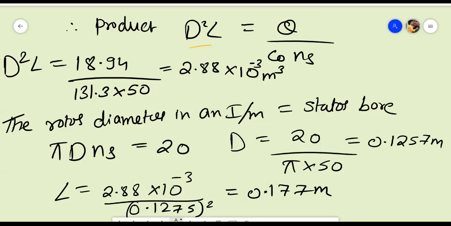So we got pi times d times ns equal to 20, so d is equal to 20 divided by pi times 50, that is equal to 0.1257 meter. That's our diameter, and the length is equal to 2.88 multiplied by 10 to the power minus 3 divided by 0.1275 to the power 2, that is equal to 0.177 meter. Okay, so we got our diameter and the length for this given induction motor.